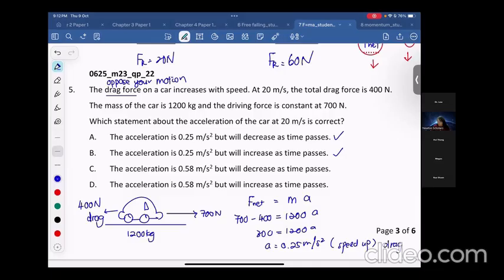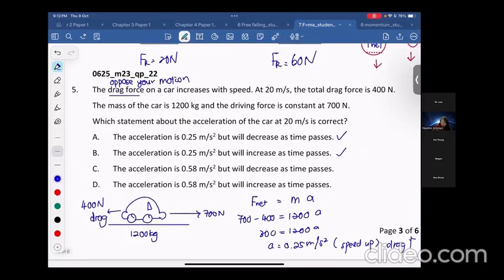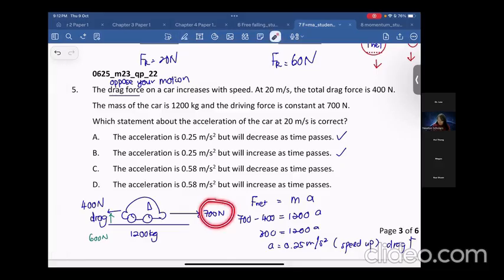Drag increases. For example, right now, the drag becomes like 600, okay? This one drag increases. So it becomes 600 Newton. Let's say from time to time, when we speed up, the air resistance also increases. What is your resultant force? 700 minus 600, you only get 100. So 300 divided by 1,200, you get 0.25.